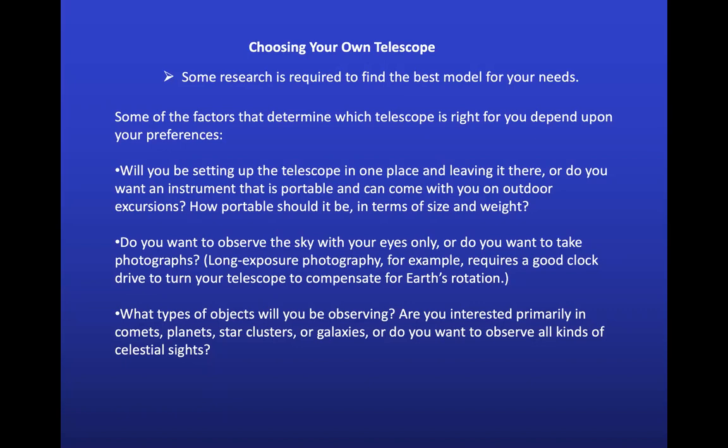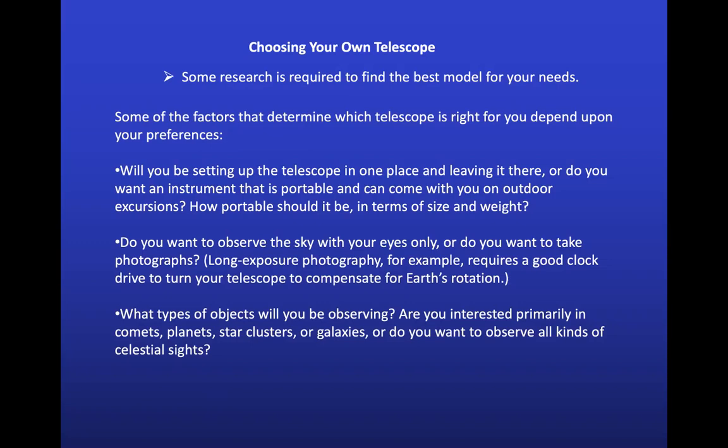But if you are just observing the sky with your eyes, you buy a telescope and put your eye on the eyepiece and look at the sky through the telescope. If you need to do photography, instead of looking with your eyes, you set up a camera at the place where the eyepiece is in the telescope. That's another thing.